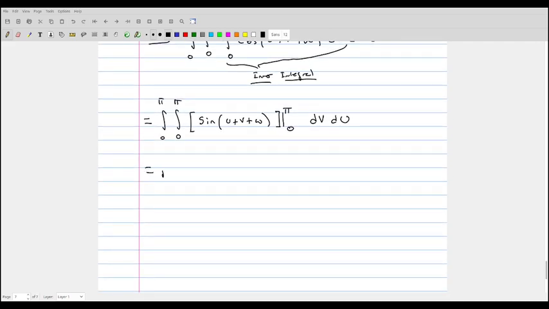So this will be the double integral of sine of u plus v plus pi minus sine of u plus v plus 0, which is just sine of u plus v, dv du.